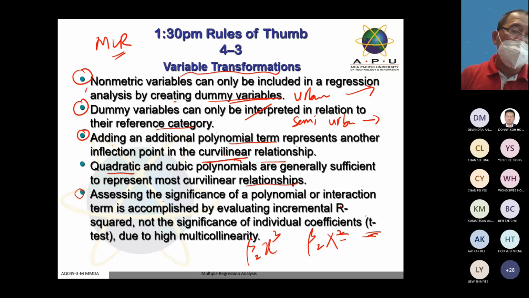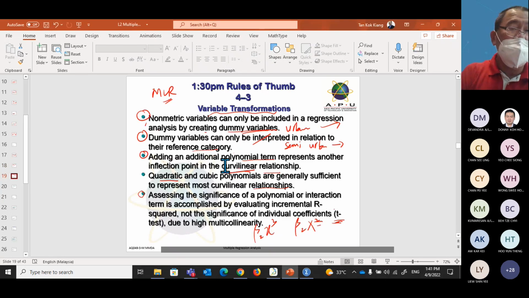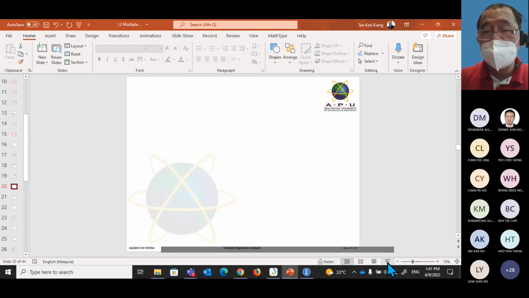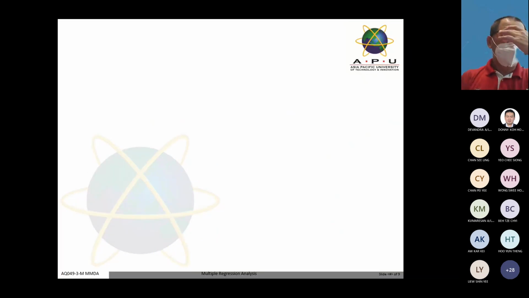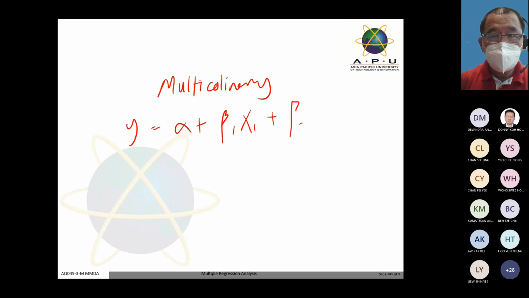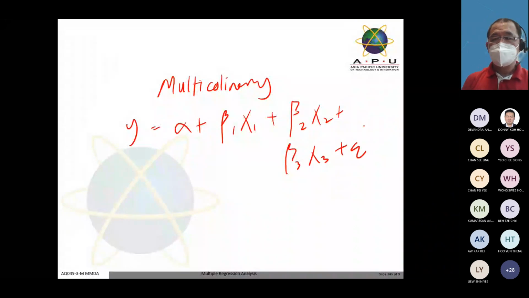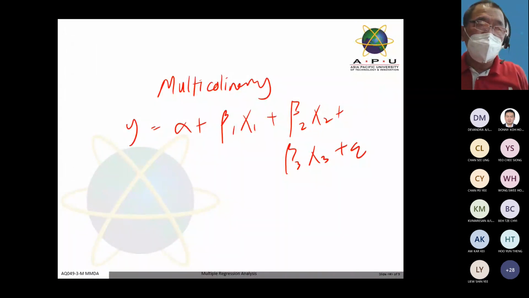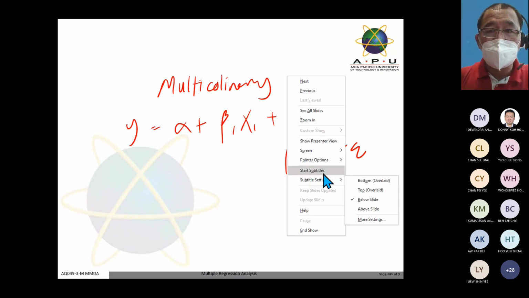I will discuss a bit because we are going to see multicollinearity in this chapter, today. We will see some basic ideas, not too technical.